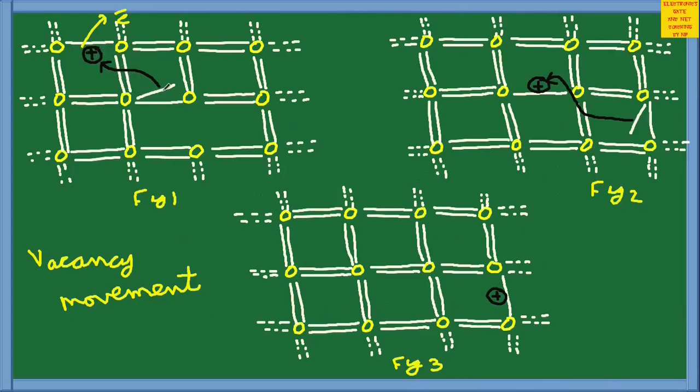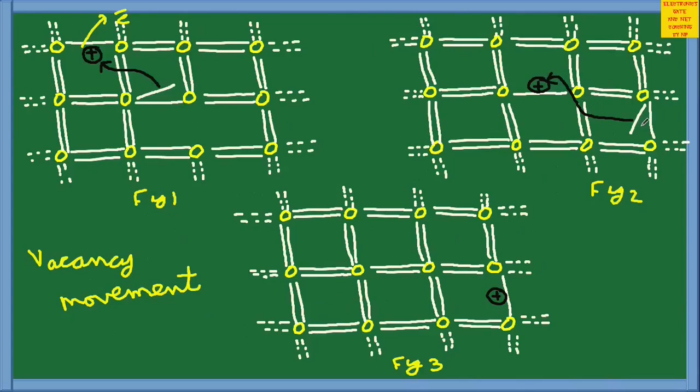And when the bonded electron moves from here to here, we can see the vacancy is moving from here to here. That is shown in this second figure. The vacancy is moved from this place to this place. And again, when the bonded electron moves from here to here, the vacancy is moved from here to here. So, corresponding to a bonded electron movement, there is a vacancy movement also in the opposite direction of electron movement.